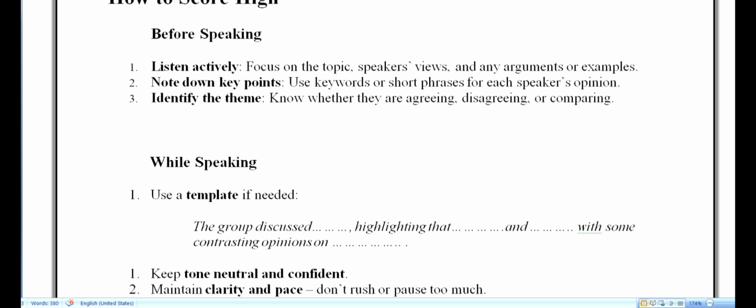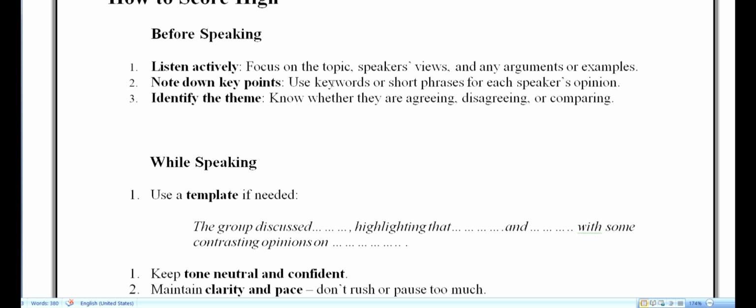Before the speaking, listen actively, focus on the topic like you do for your retell lecture and summarize spoken text. We are used to those speaking and listening parts, right? Similarly, even this score is enabling skills which is taken for your listening and speaking. So it's a two-way bonanza.